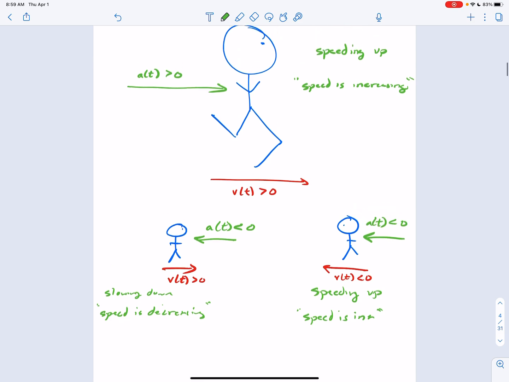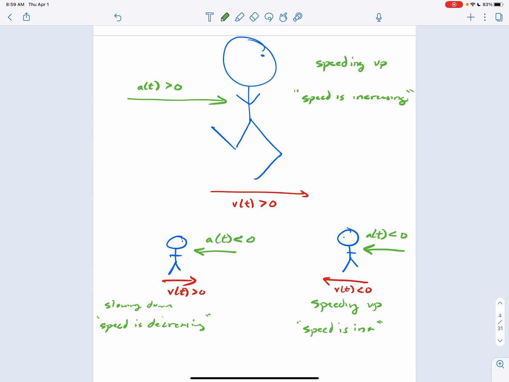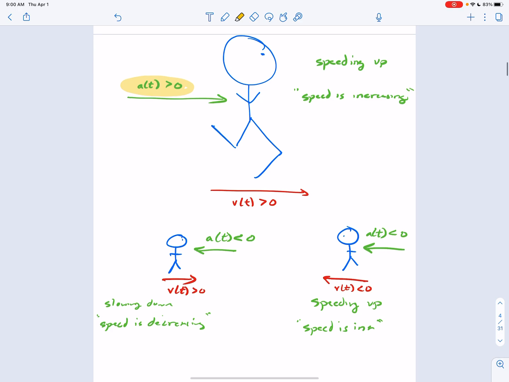So my question to you here is, when do you speed up and when do you slow down? Pause, really think about that, and press play when you're ready. So the big indicator here is, you notice that you speed up whenever acceleration and velocity share the same sign.